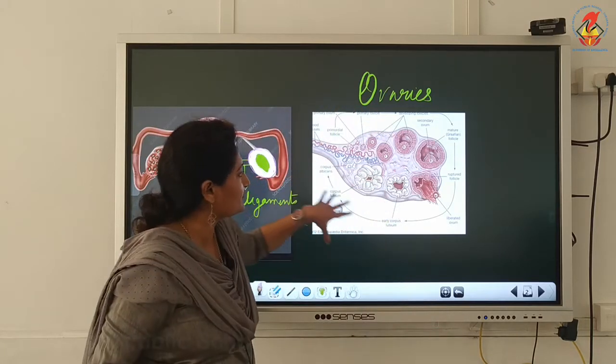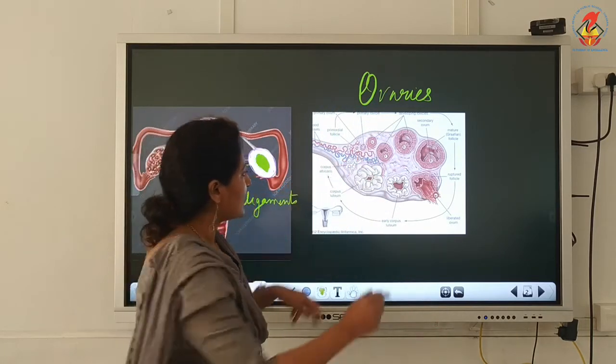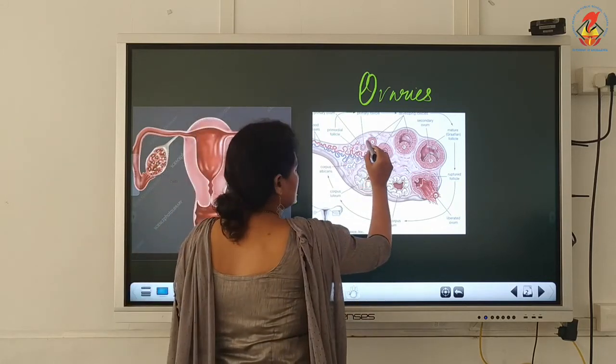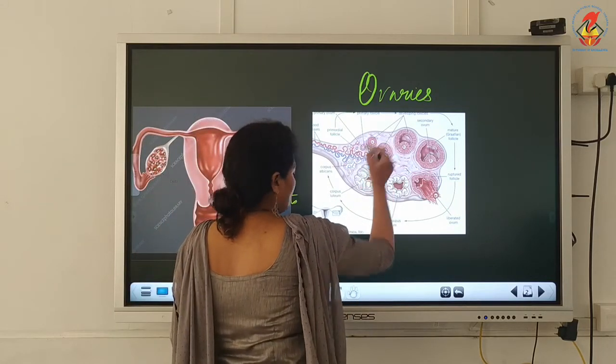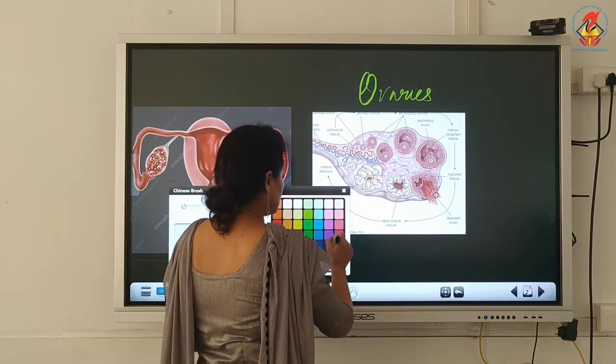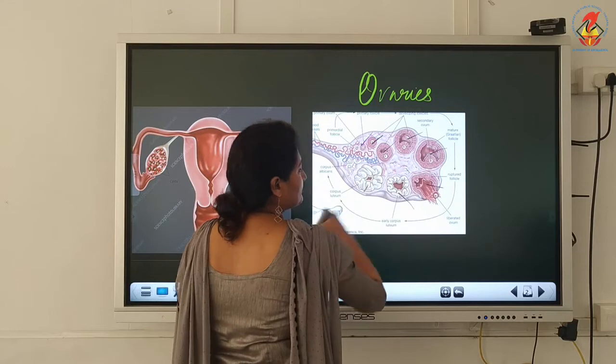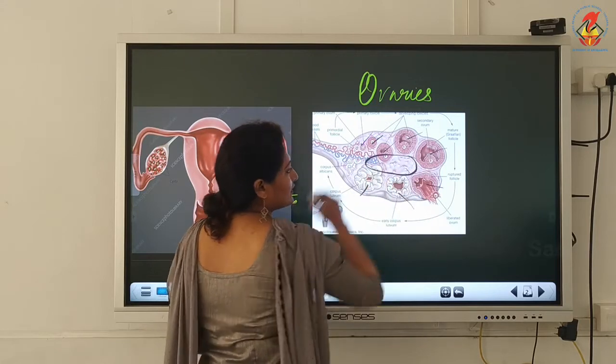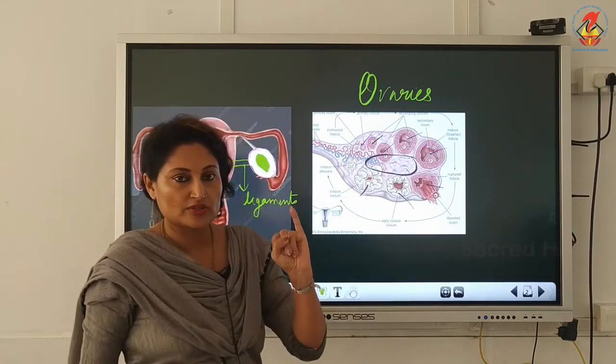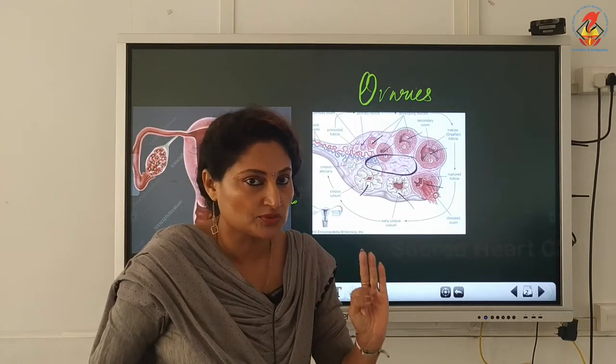Now looking into this, we can see the ovarian follicles at various stages of development. This is one ovarian follicle. If I am highlighting it here, these are the ovarian follicles at various stages of development. And look at the medulla. I told you, it comprises what? Blood vessels, nerve fibers and smooth muscle fibers.